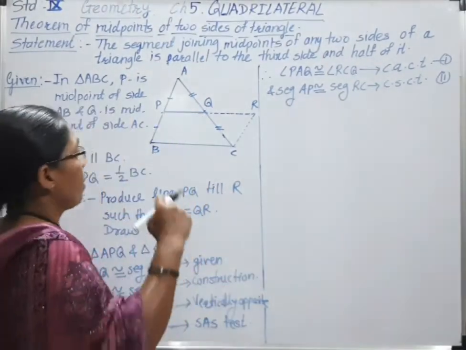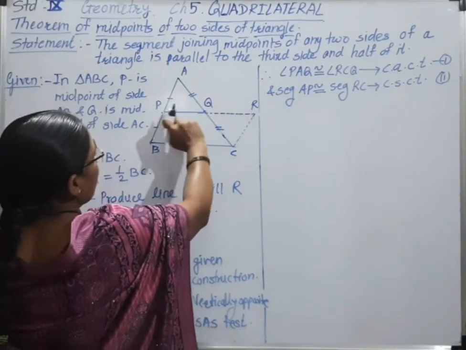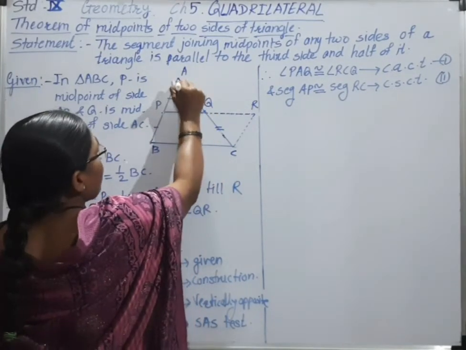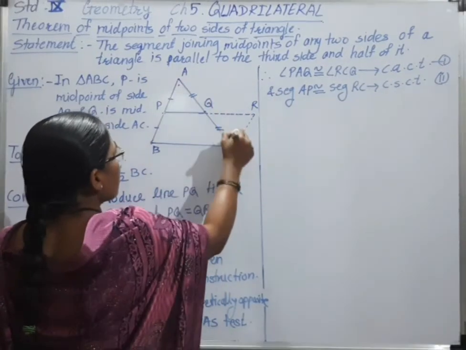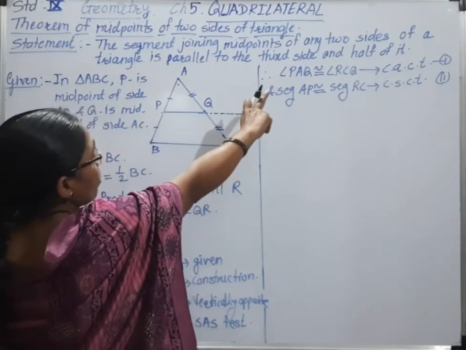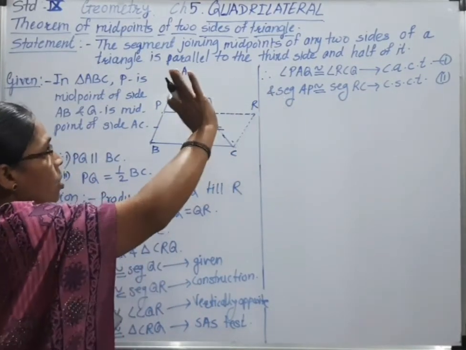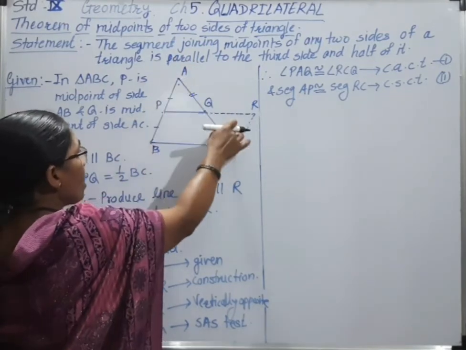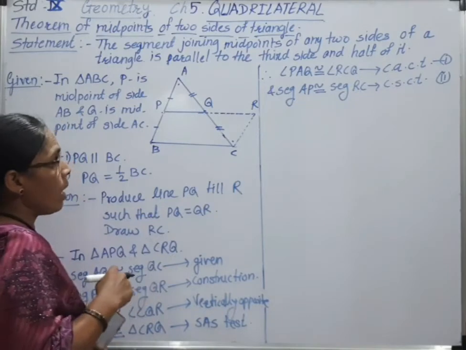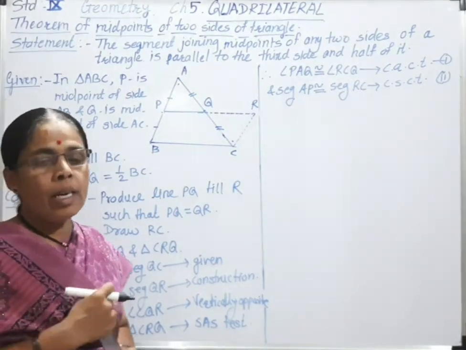So from 1 here, when this angle PAQ means this angle and angle RCQ means this angle, these two angles we can see here. Here we showed that these two angles are congruent. CACT, corresponding angles of congruent triangle, and we can see here these two angles are a pair of alternate angles.